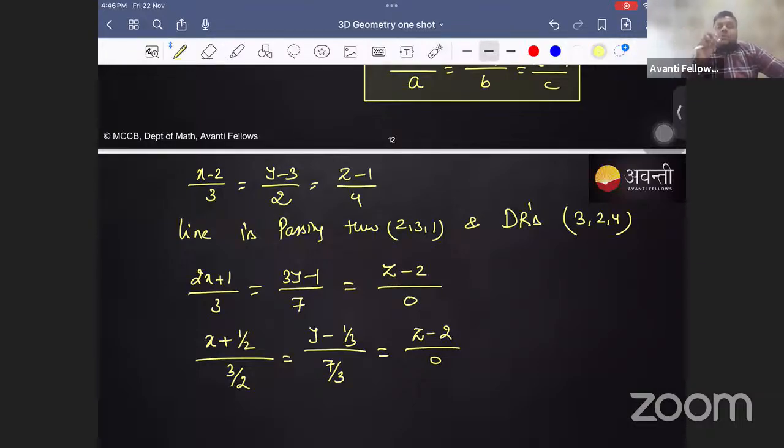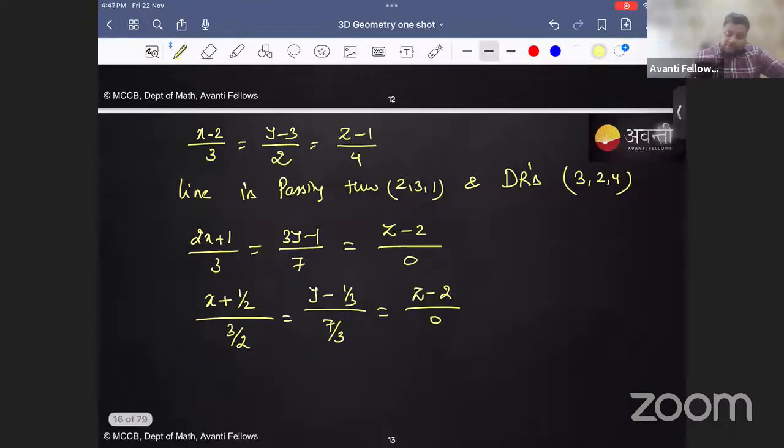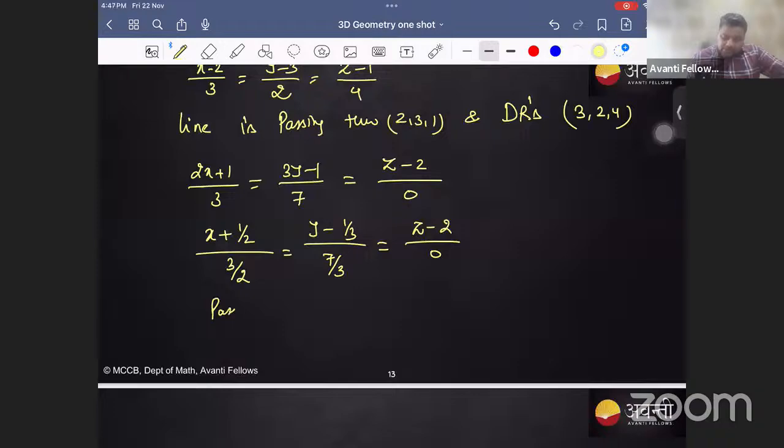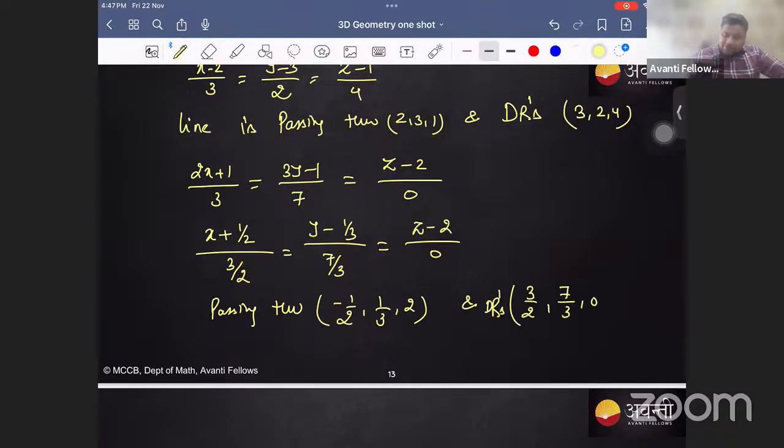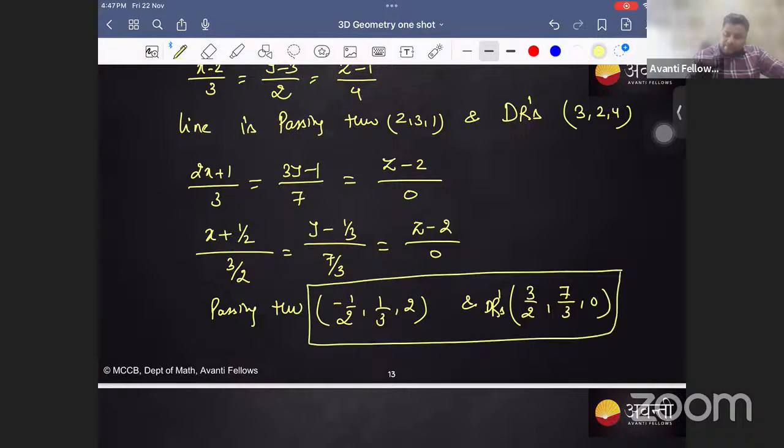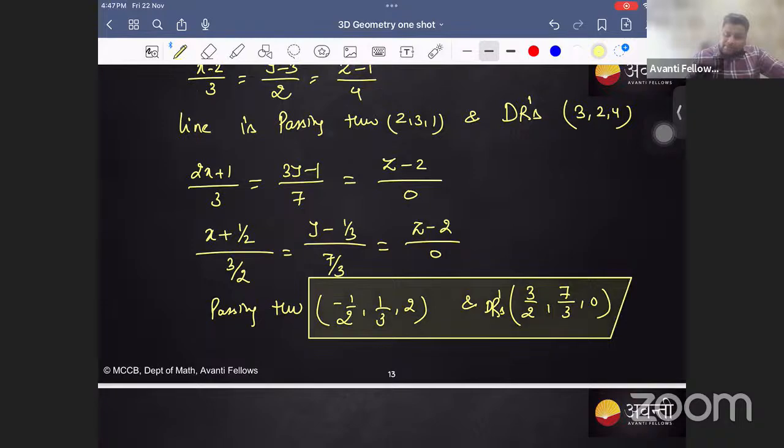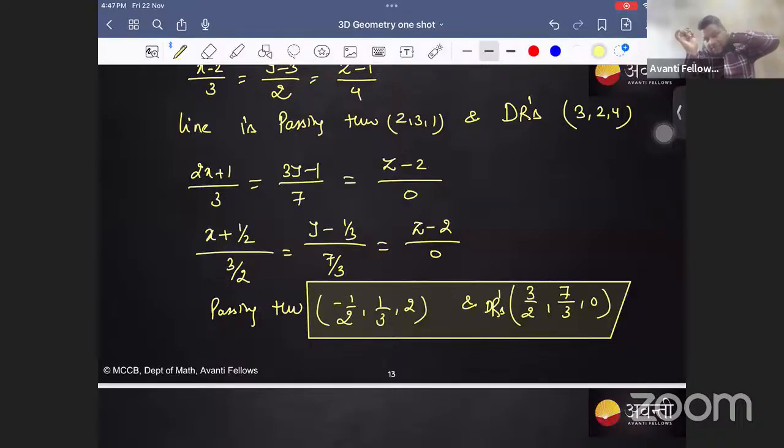That means this line has no component along the z-axis. So the line is passing through minus 1 by 2, 1 by 3, 2, and having direction ratios 3 by 2, 7 by 3, and 0. Am I clear?